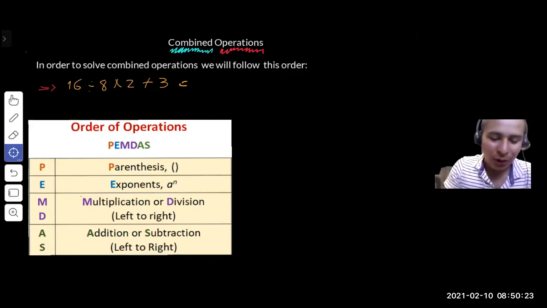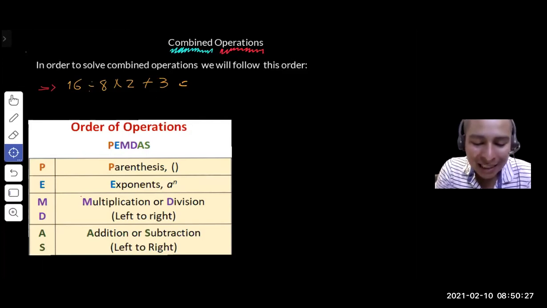Let's try to solve this first example. I have 16 divided by 8, multiplied by 2, plus 3. The first thing I need to look at is, do we have parentheses in this operation? No, we do not. Okay, then let's move on.